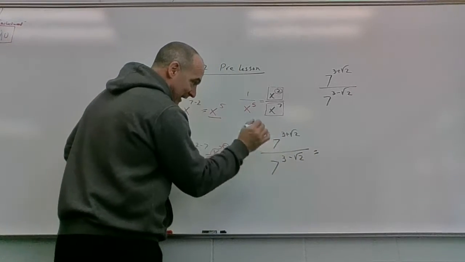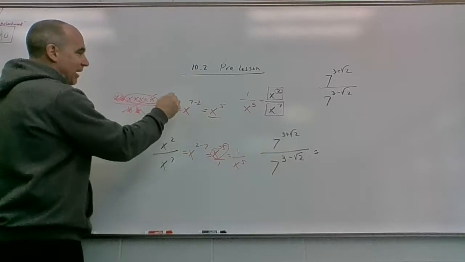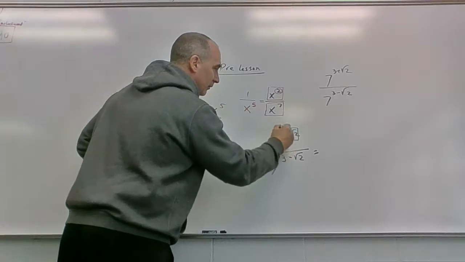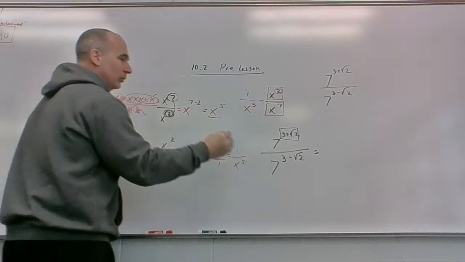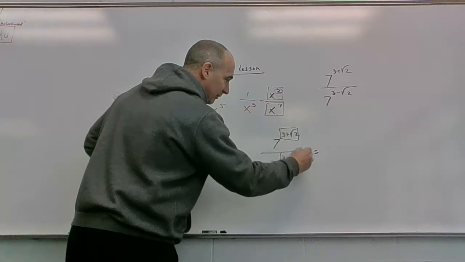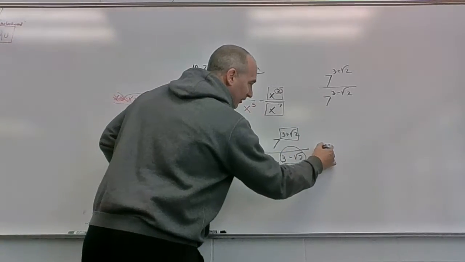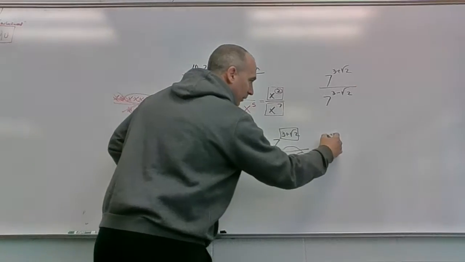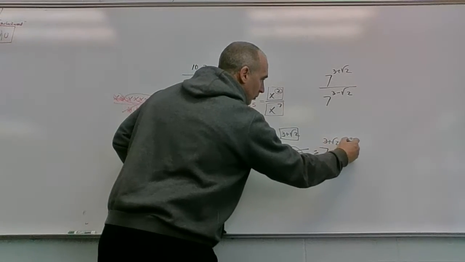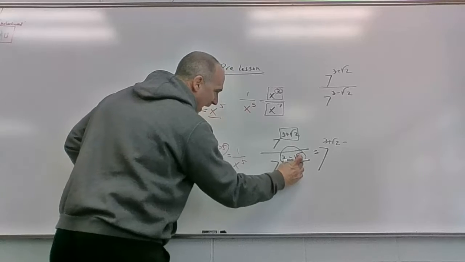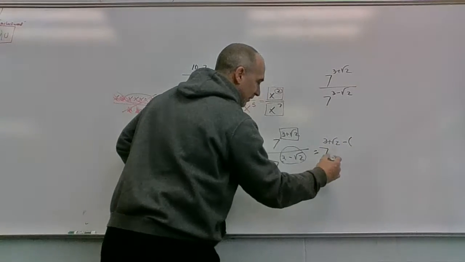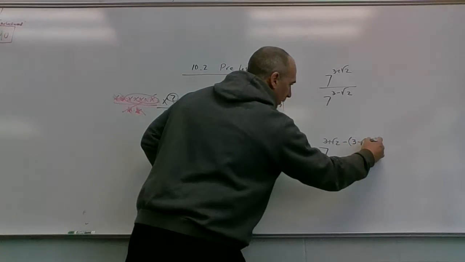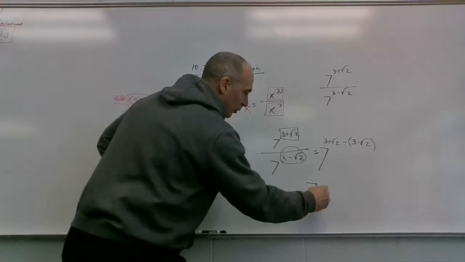So, technically, I need to go 7, which is this, minus 2, which is all of this. So I would have to go 7, watch this, 3 plus the square root of 2 minus all of that. So I got to insert parentheses, 3 minus the square root of 2. See, this just turns into a big headache.